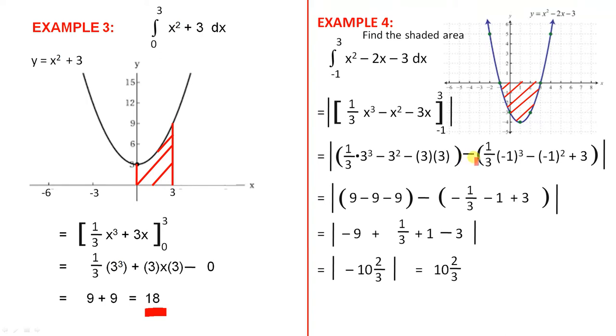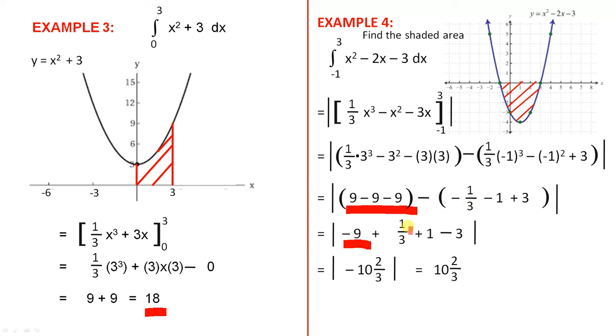So, now inside these brackets we have a third times minus 1, because minus 1 cubed is minus 1, so a third times minus 1 is minus a third. Minus 1 squared is 1, so that gives us minus 1, which is there. And there's our plus 3. Now we'll remove all the grouping symbols. So 9 minus 9 minus 9 is minus 9. Now this section here.